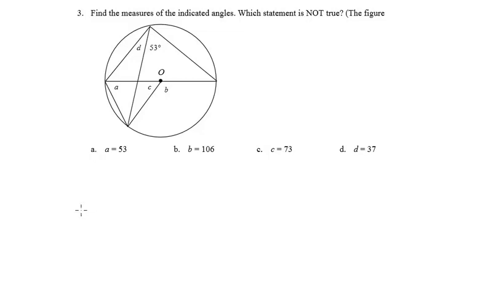But anyway, let's see. You said on number three, how did you find B was 106? Okay, so the only thing they've given us in this problem is this one angle right here.